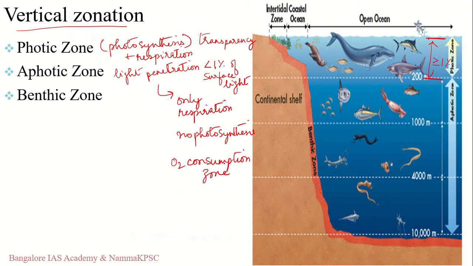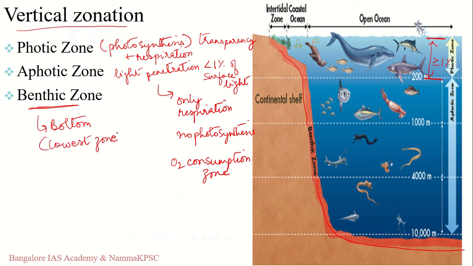Next, we have the benthic zone. The benthic zone refers to the bottom of the water body, such as the lake bed or the sea bed, and is generally referred to as the lowest zone of a water body.